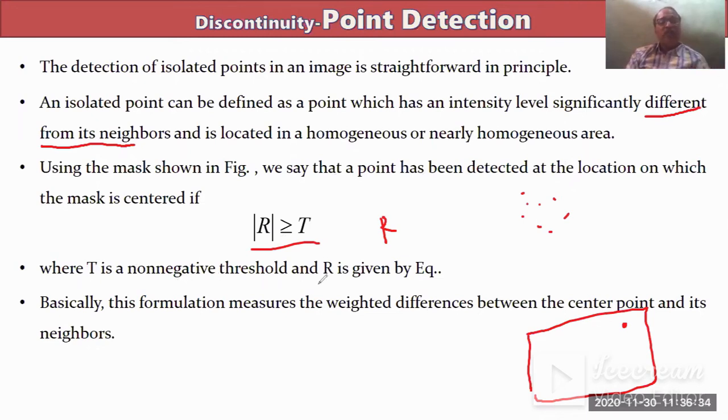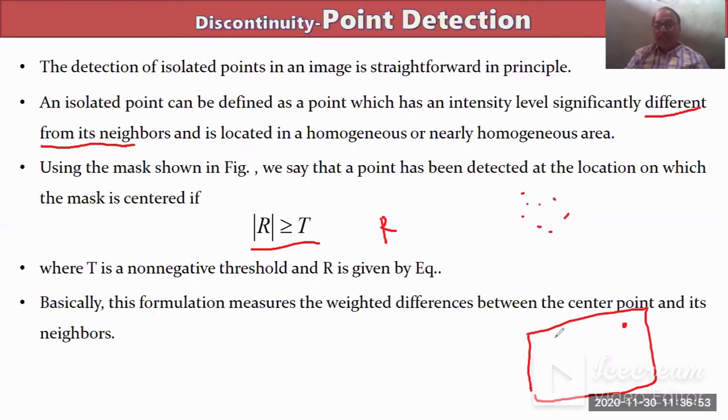T is a non-negative threshold and R is calculated using the equation. R is the value we calculate after placing the mask. So that value is the R value and it must be greater than or equal to the threshold, then that point is called an isolated point.